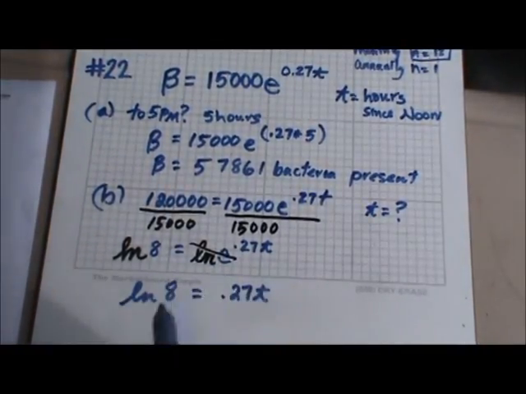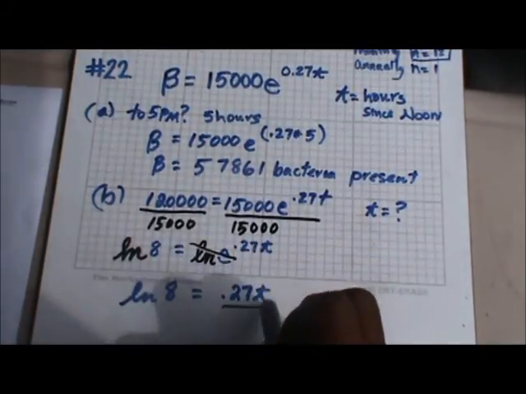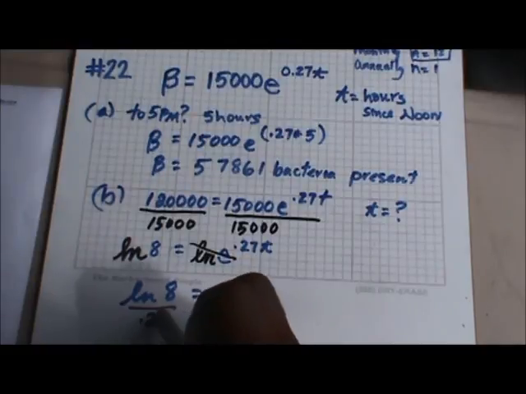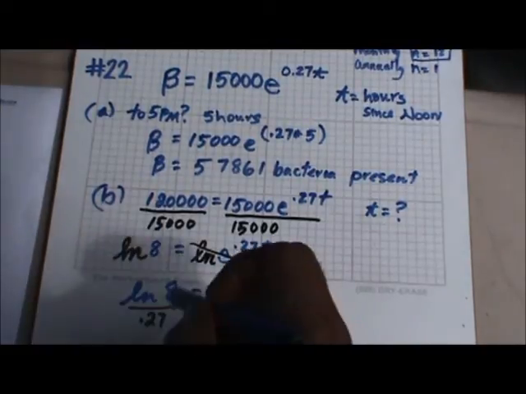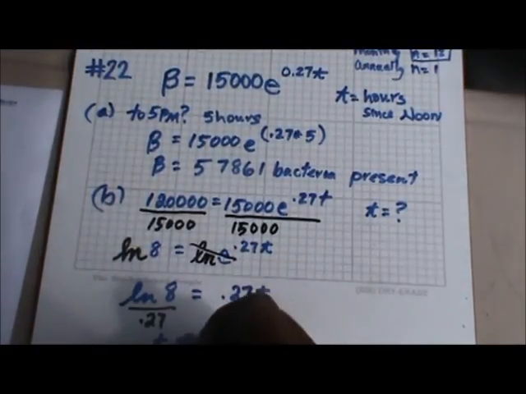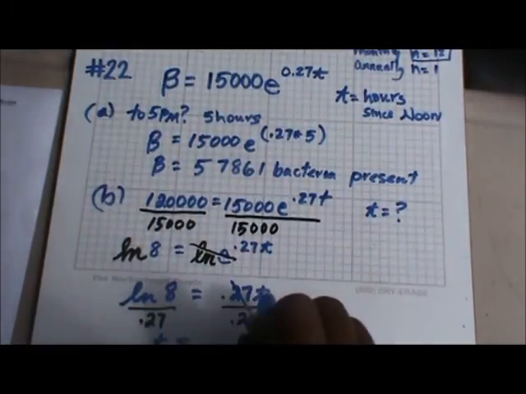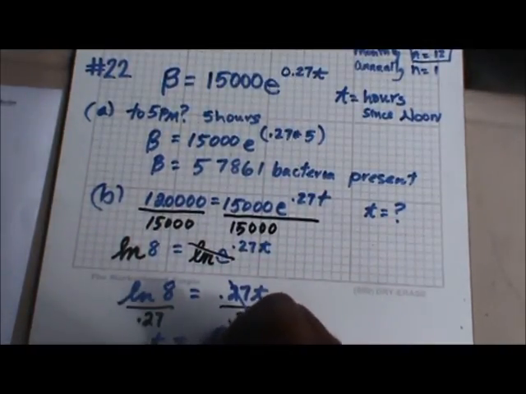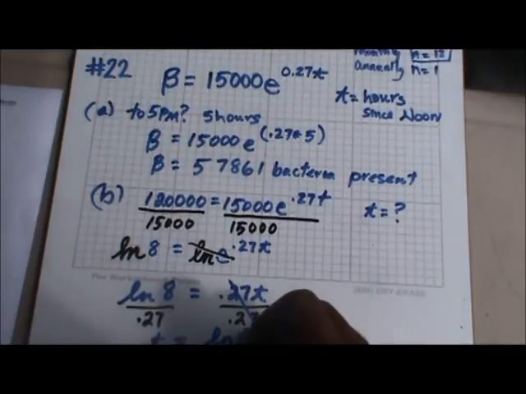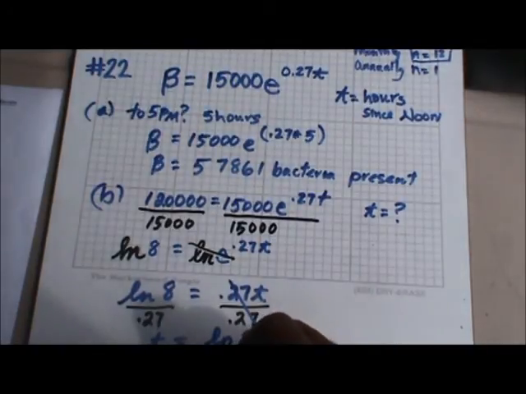I'm still trying to get t by itself, so we divide both sides by, you guessed it, 0.27. T is equal to the natural log of 8 all over 0.27.